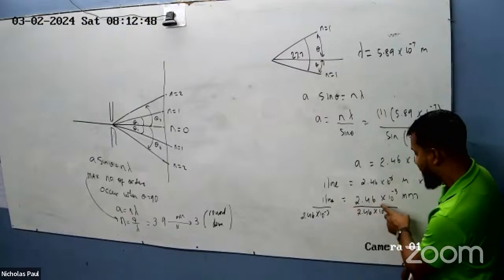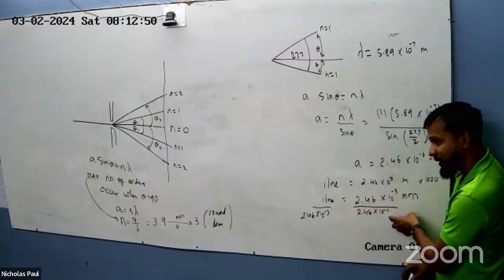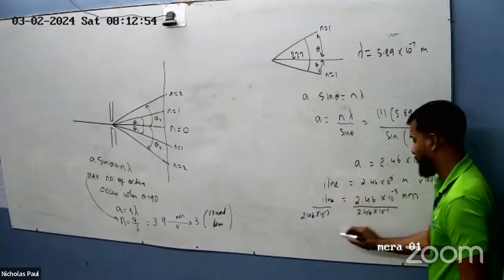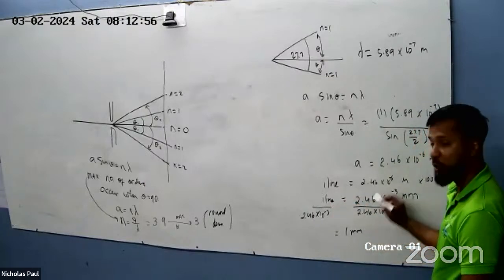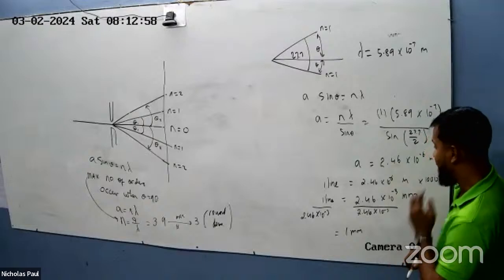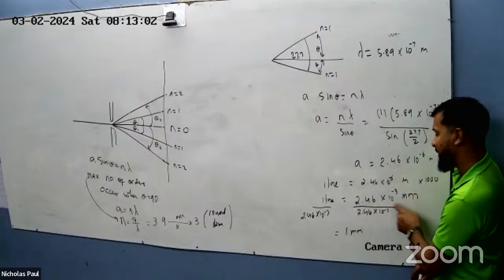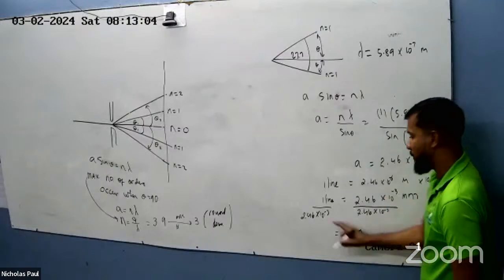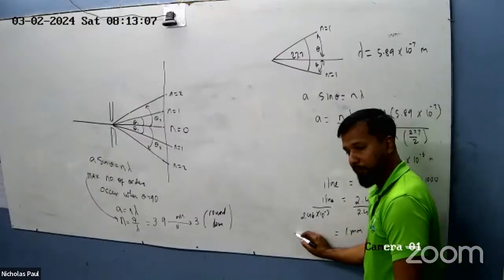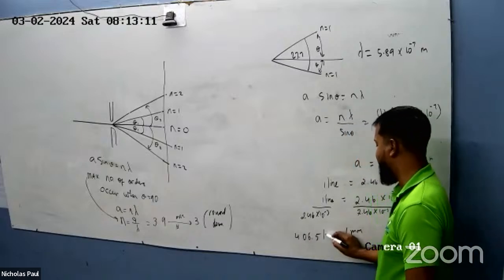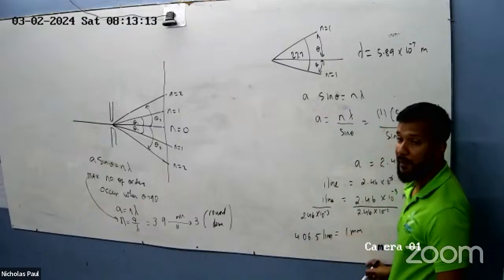If I divide this by itself, I get 1 millimeter. So I convert one line in meters to millimeters, and then I find for 1 millimeter. How much is this? 406.5 lines in a millimeter.